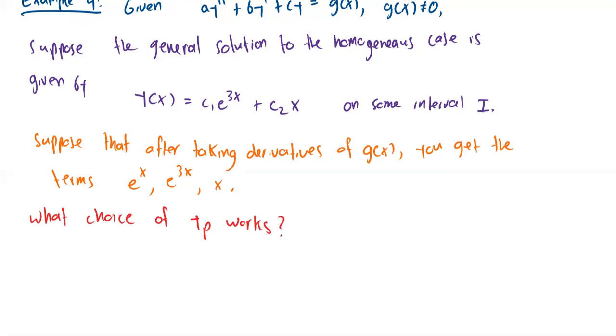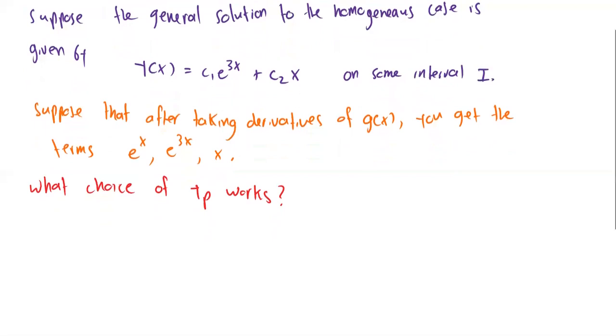Okay. Right, so we're given a second order non-homogeneous ODE with constant coefficients. I'm telling you what the general solution of the homogeneous case is, and I'm telling you what terms arise from derivatives of g of x. Right? So given that information, what choice of y sub p works? Well, originally, we would try y sub p including all those terms.